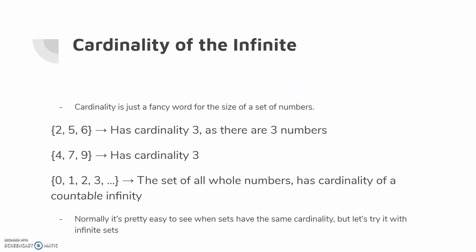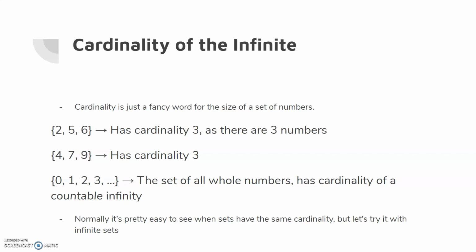Cardinality is just a fancy word for the size of a set of numbers. Like our first set here, 2, 5, 6 has cardinality 3, as there are 3 numbers. Set 4, 7, 9 also has cardinality 3, so those two sets have the same cardinality.